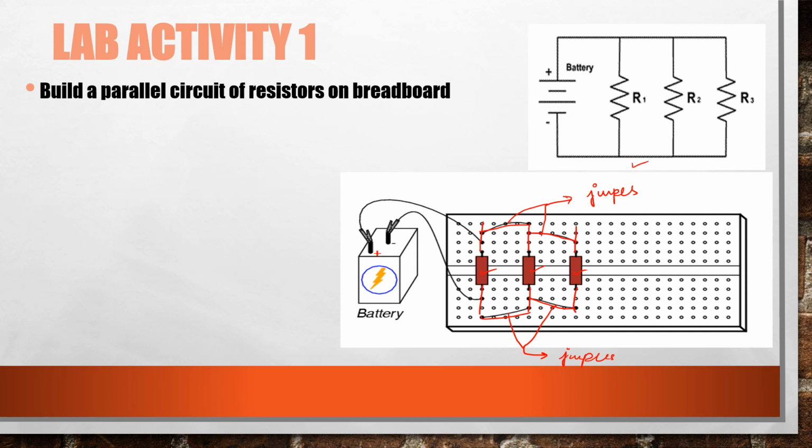Okay, now look at the battery. The positive terminal of this battery is connected to the first terminal of resistor 1, and the negative terminal is connected to the second terminal of resistor 1 like this.